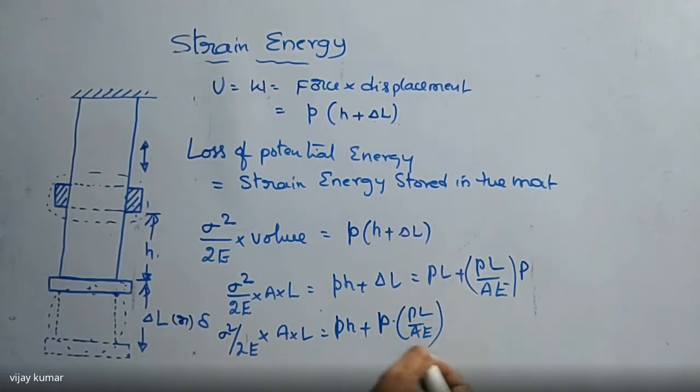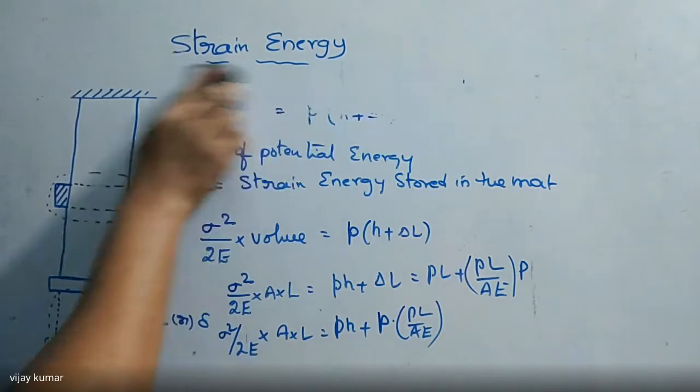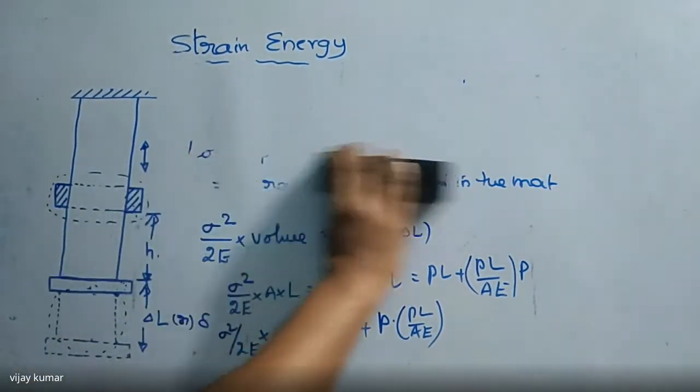So here we are getting P also, P into PL by AE. So this is the equation we are getting here. Now I am writing like this also. See this one.